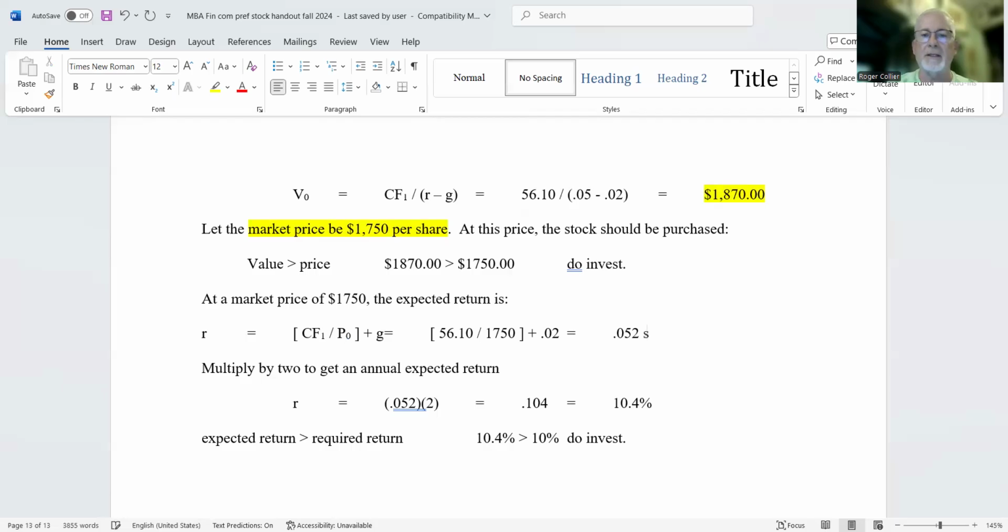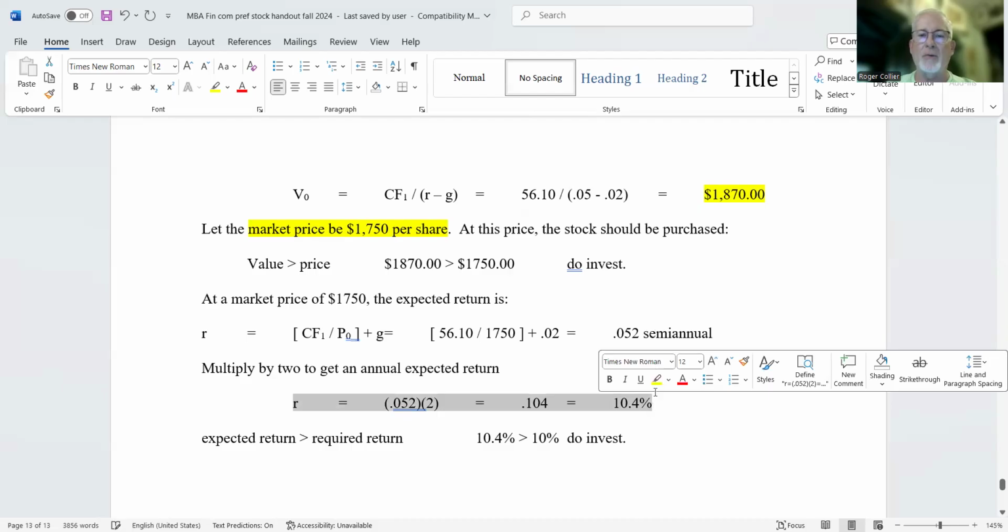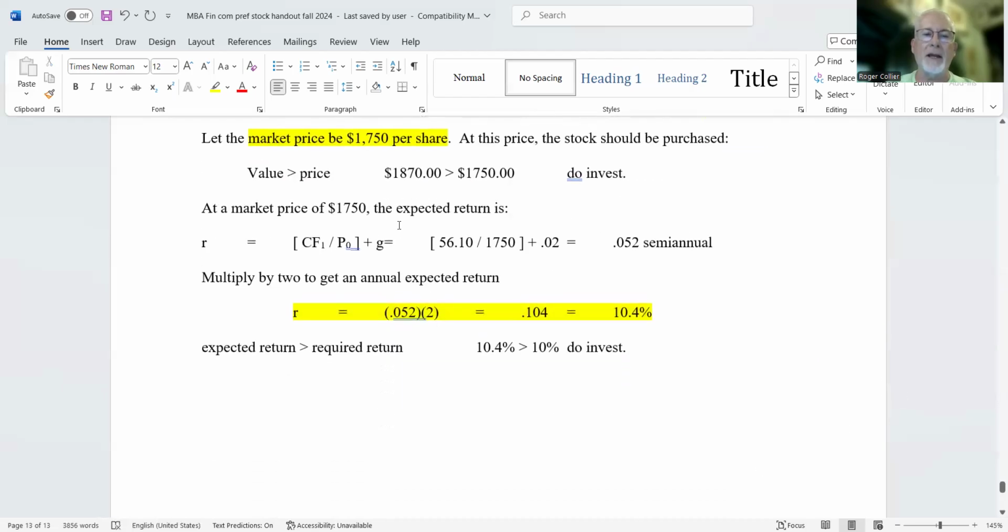But for the millionth time, that's a semi-annual growth, or expected return. Multiply by 2 to get an annual one. So we have an expected return of 10.4, which is greater than our required return of 10. So we do invest.